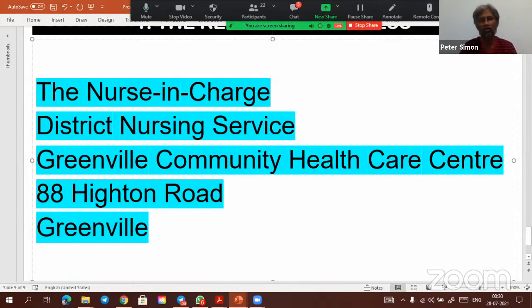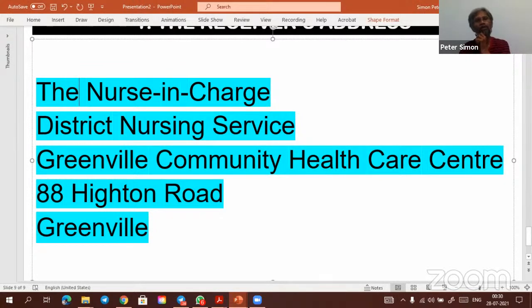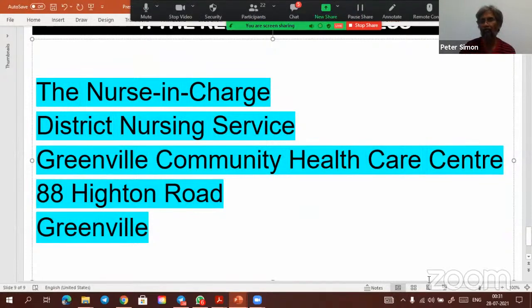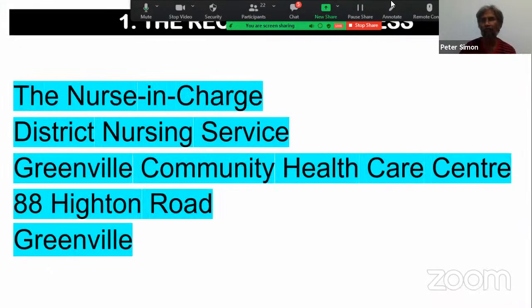So the nurse in charge, District Nursing Service, Greenville Community Healthcare Center, 88 Highton Road, Greenville. So that's it. So from here to there, just so care center. So these are the 5 lines. These are the 5 lines.